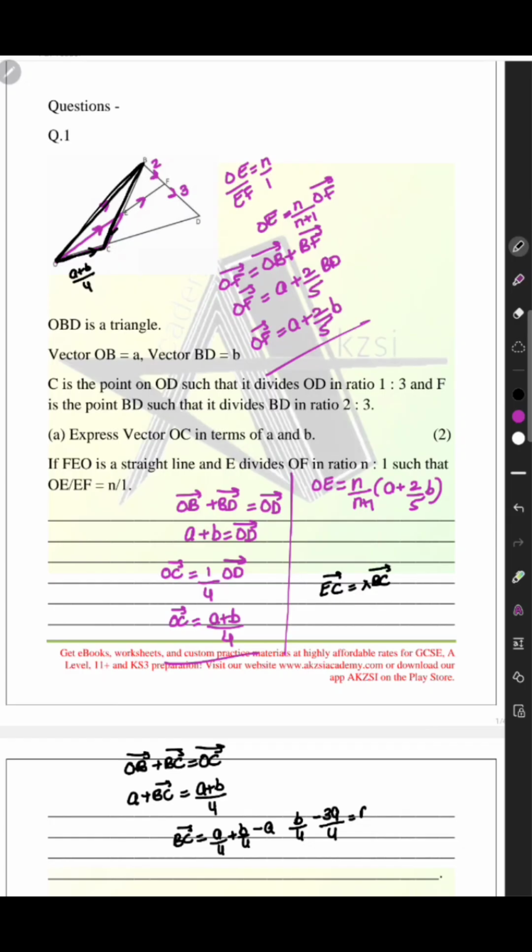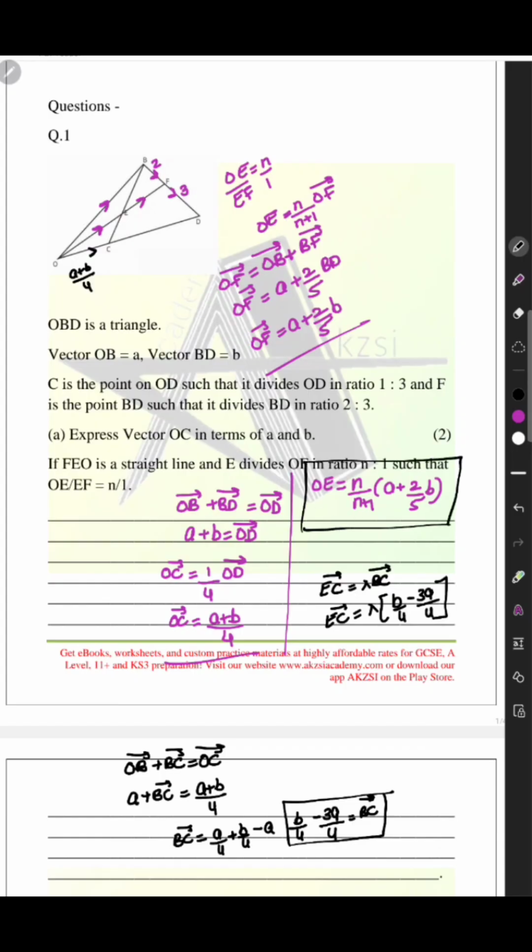Now this is BC. So EC would be lambda times B by 4 minus 3A by 4. Now coming back to where we have to find, because this was the thing, we want to calculate OE. So OE is here.